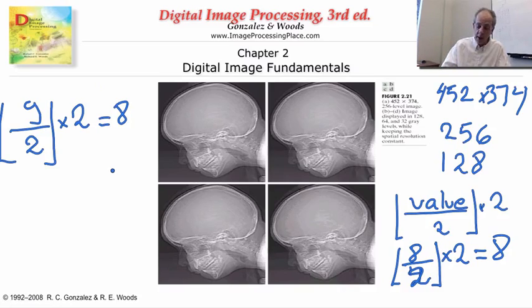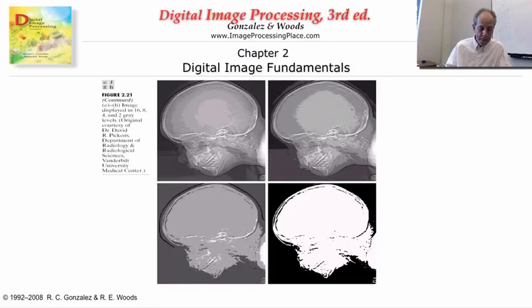Let's go into an even more extreme case, and we keep going down. Here, we use only 16, and now I think you're going to be able to see the false contours very clearly. Here, we go to only 8 values. There are only 8 numbers to represent everything that is happening in this picture, and that's a very strong quantization.